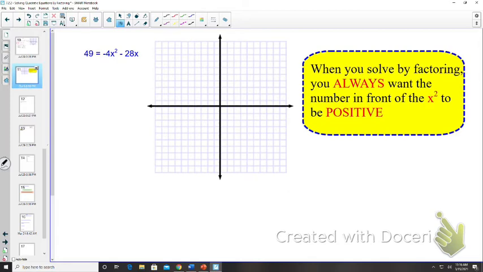Okay, so when you are solving by factoring, you always want the number in front of the x squared to be positive. Remember in standard form, we want ax squared plus bx plus c equal to 0. Am I going to put the 49 on the right side, or everything else on the left side?